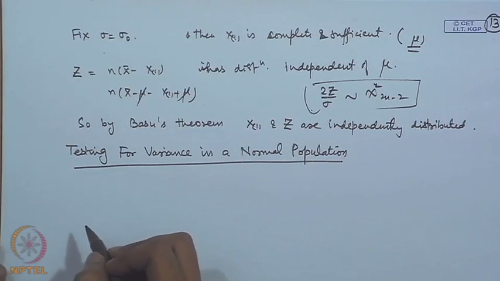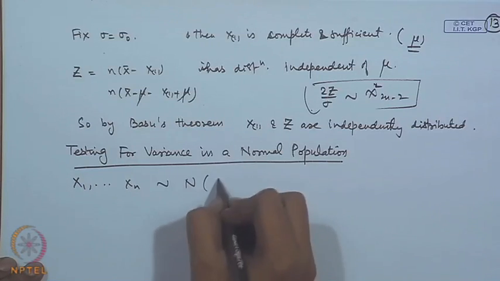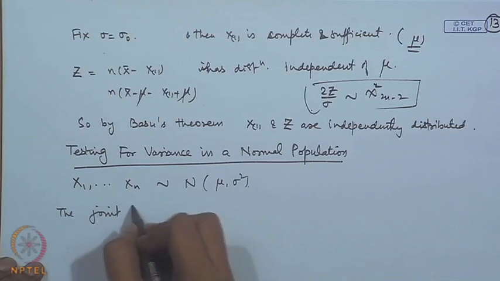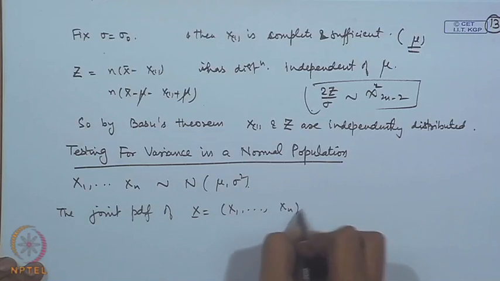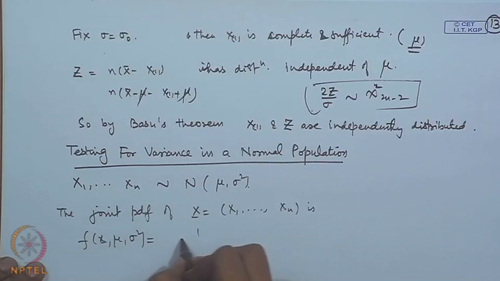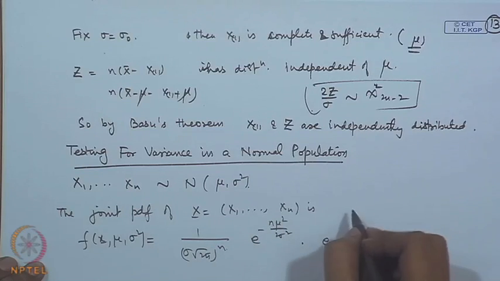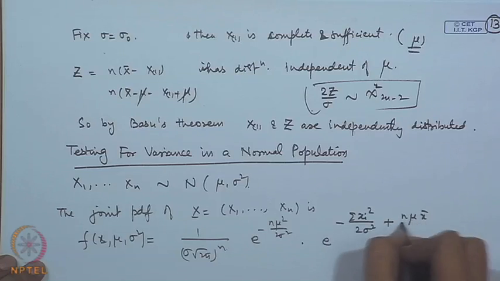So, if I am writing down the density function of x 1, x 2, x n, f x mu sigma square, that is equal to 1 by sigma root 2 pi to the power n e to the power minus n mu square by 2 sigma square e to the power minus sigma x i square by 2 sigma square plus n mu x bar by sigma square.